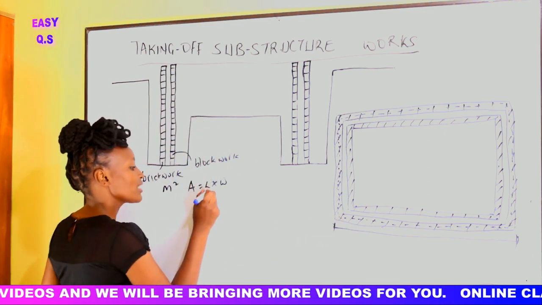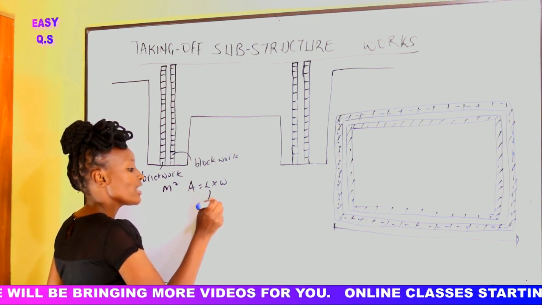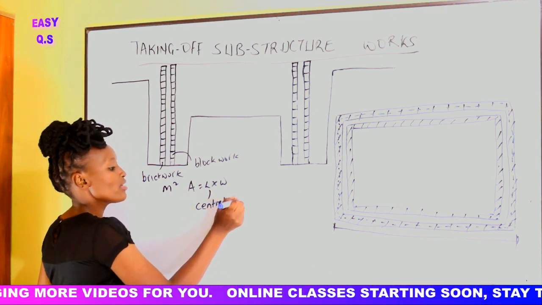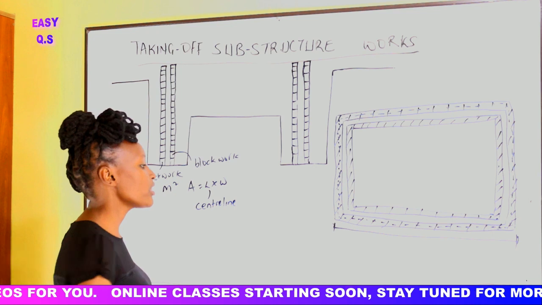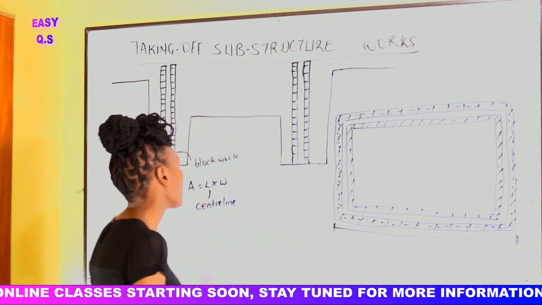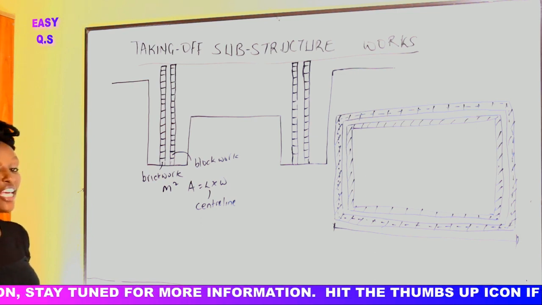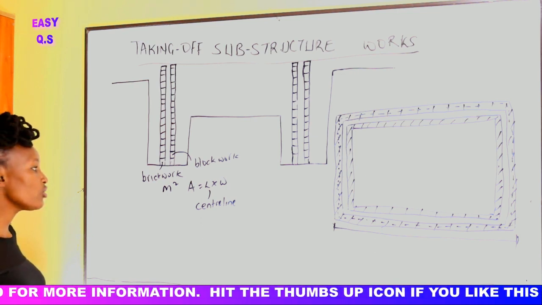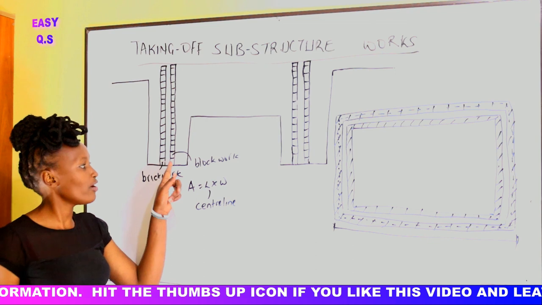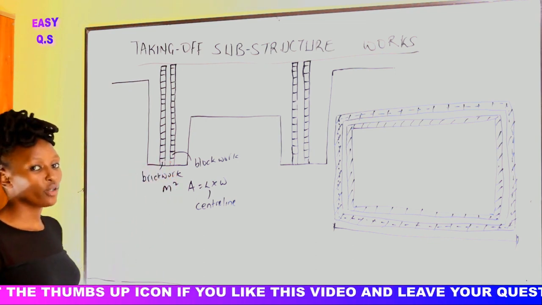So once we take the center line, we multiply by the width of the brickwork. Width is the thickness of this brickwork, the thickness of this one. So that one, we shall have found the area of the brickwork. Now we shall go to finding the area of the blockwork. How do we calculate that one?